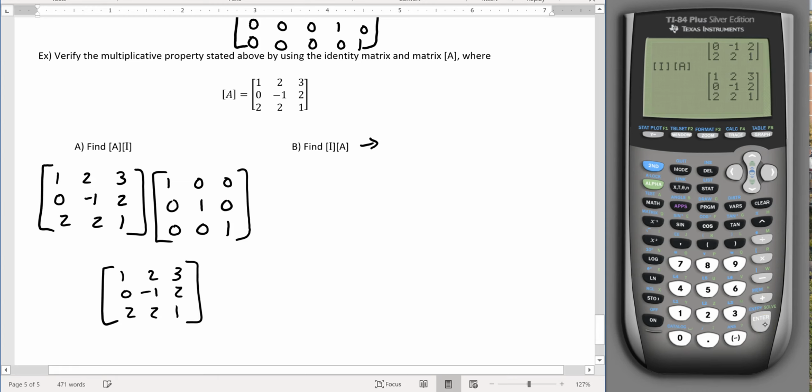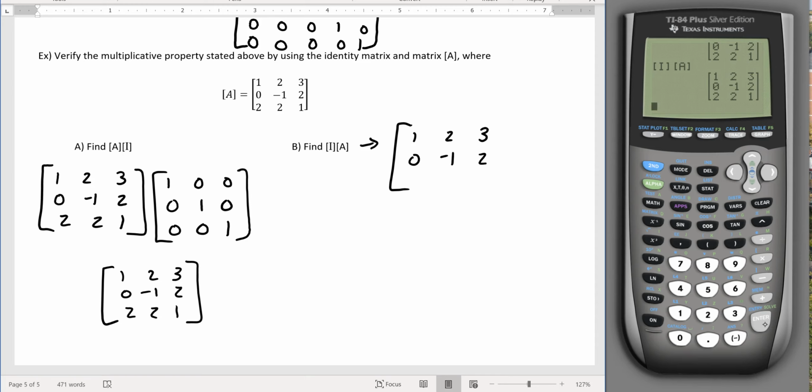All right, so the identity matrix is a rare example where the order does not matter. I times a matrix is the same thing as a matrix times I. Now I want to stress, remember, that is not always the case. The order of multiplication matters unless you're dealing with the identity matrix. Then it doesn't matter if it's the first factor or the second.